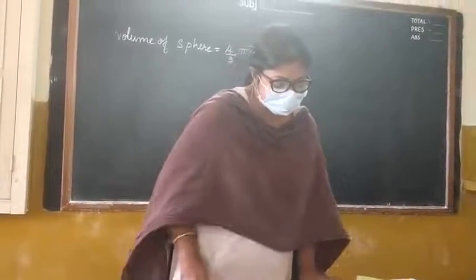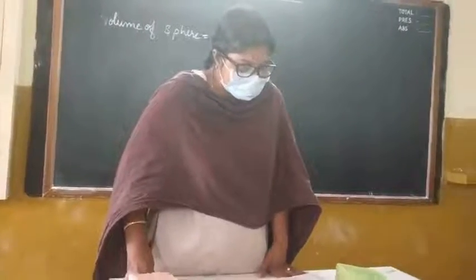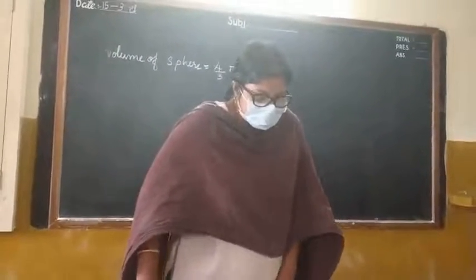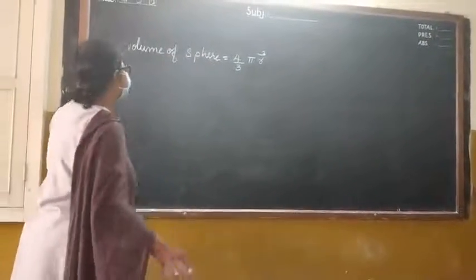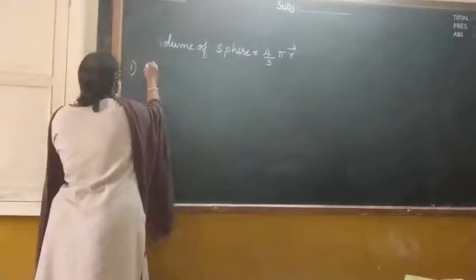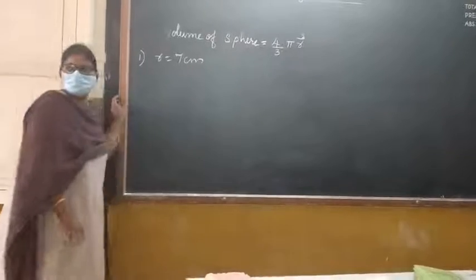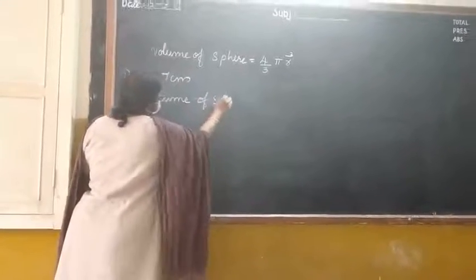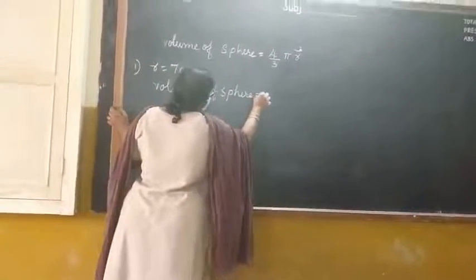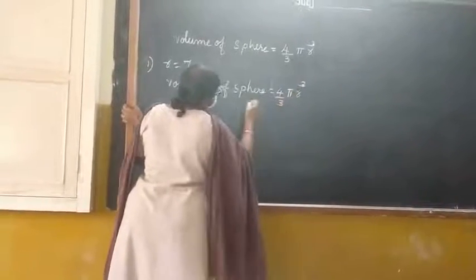Now exercise 13.8, first question. Find the volume of sphere whose radius is 7 centimeter and second one is 0.63 meters. So first one, radius is equal to 7 centimeter. Volume of sphere is equal to 4 by 3 pi r cube.